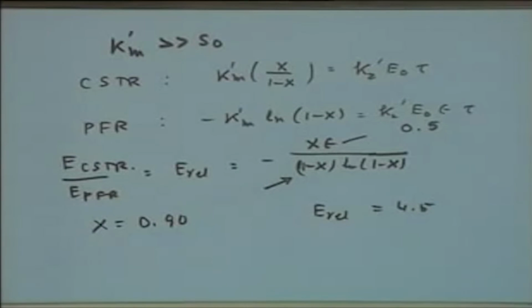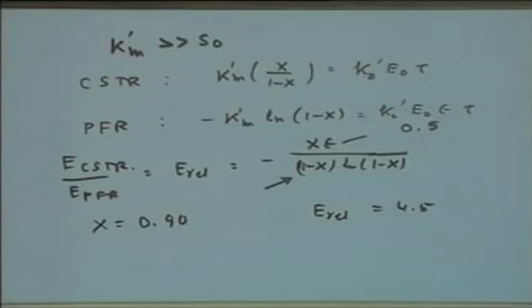That means the enzyme required for the same fractional conversion, that is 90%, in the case of a CSTR will be 4.5 times more than that required in the PFR. The same enzyme, the same reaction, the same conversion level. The quantity of enzyme required in the CSTR will be much higher compared to PFR.